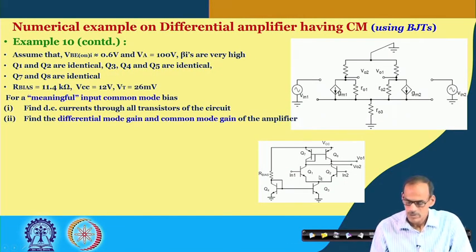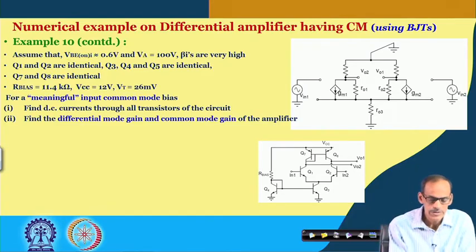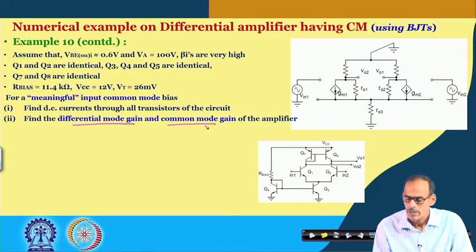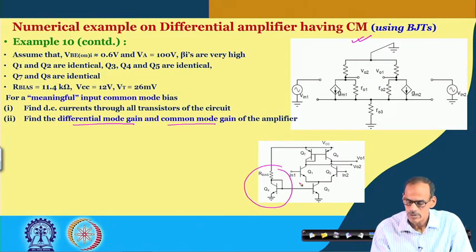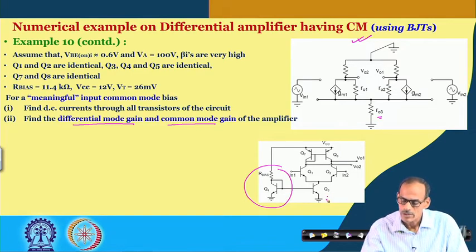So, our next calculation is we need to find differential mode gain and common mode gain, and here we do have most of the small signal model. This part of course, in the small signal model we are removing, we are keeping only RO3, and on the other hand for transistor 8 we have RO8 and then RO7.